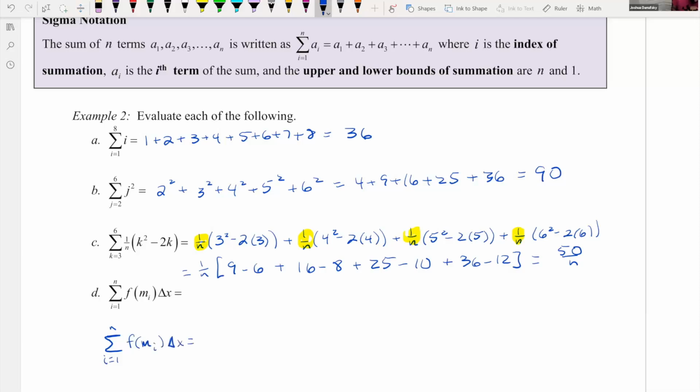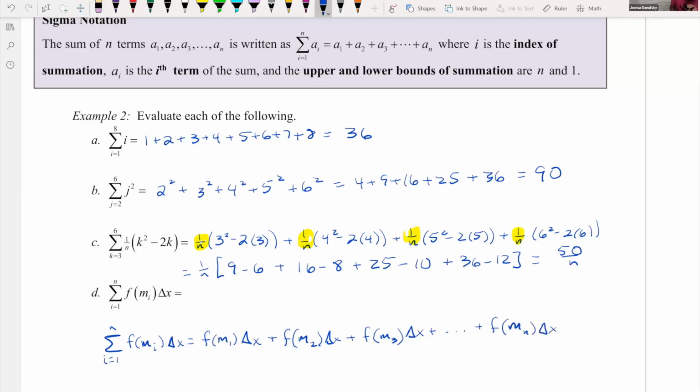So we're going to evaluate f at m sub 1, and then we're going to multiply that by delta x, plus little f evaluated at m sub 2 times delta x, plus the same thing at m sub 3 delta x, and this is going to continue all the way until we get to f of m sub n times delta x.